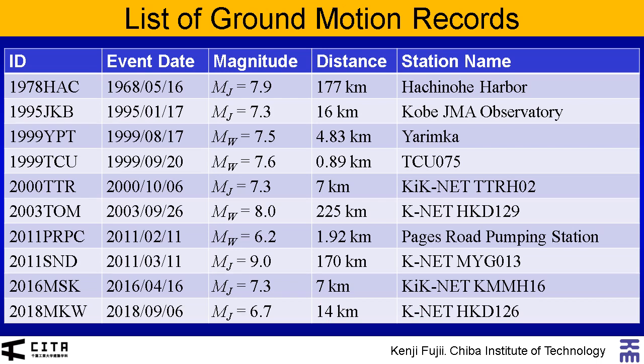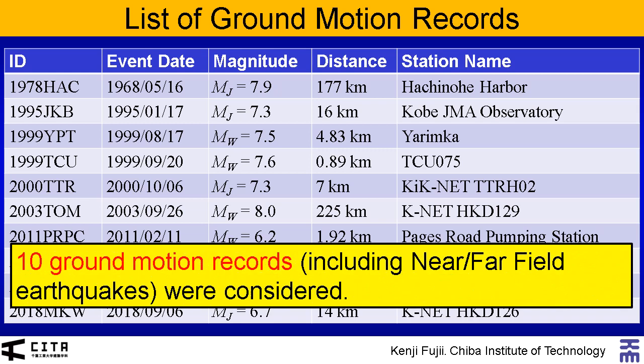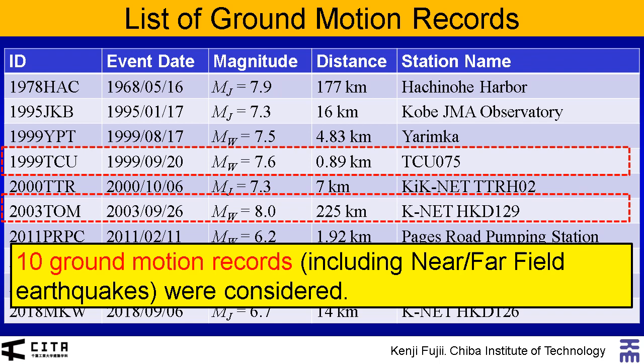This table is a list of ground motion records considered in this study. 10 ground motion records, including near-field and far-field earthquakes, are considered. These two ground motions are explained as examples: 1999 TCU and 2003 TOM.